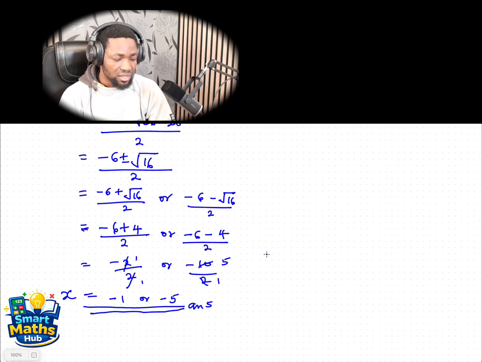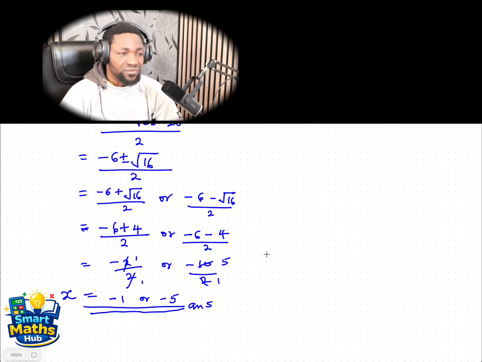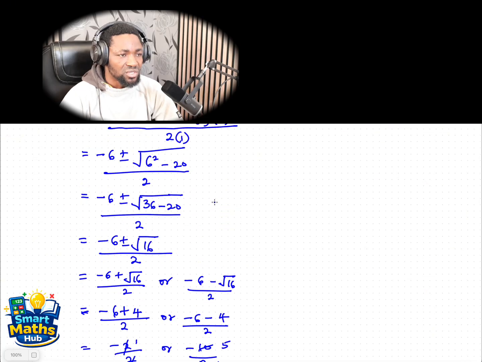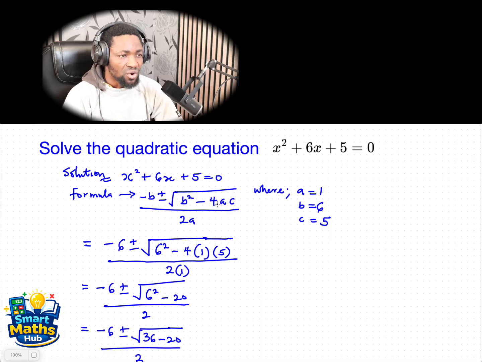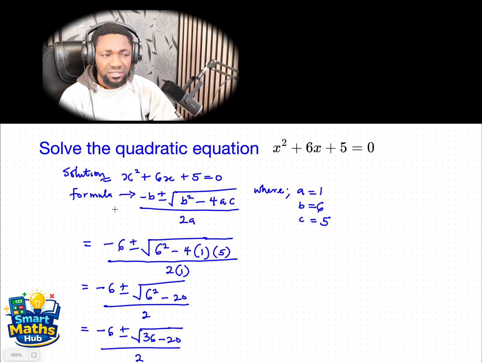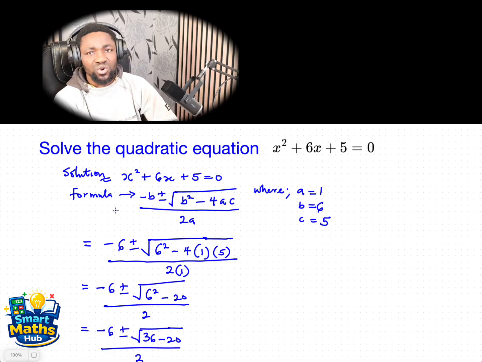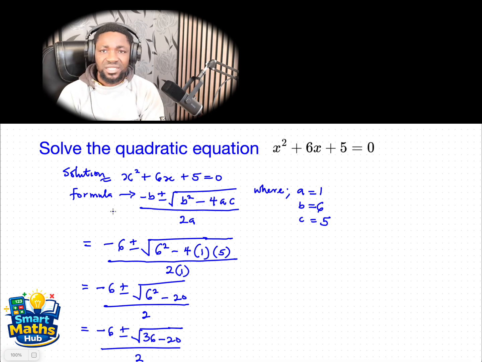Now remember what the question is telling us. If you go back to the question, it is saying that whatever you have on your left hand side must equal the right hand side.